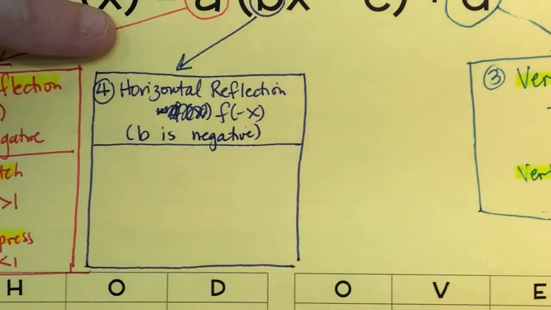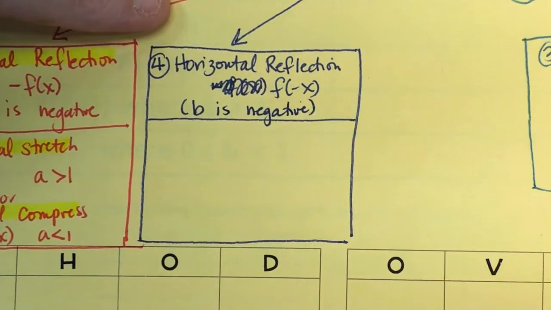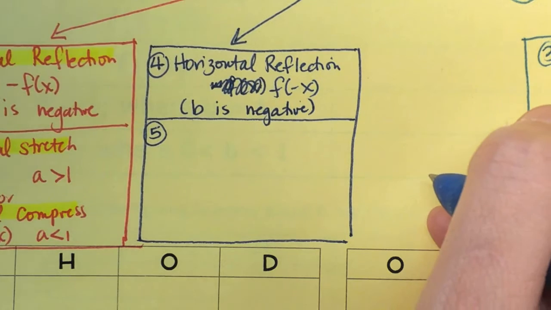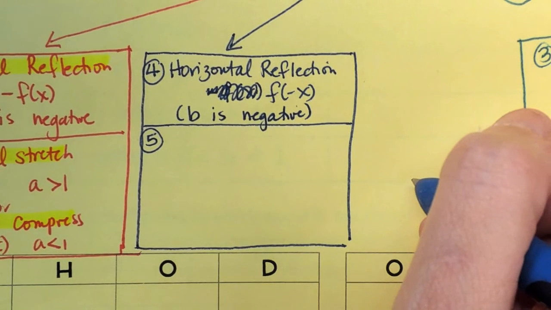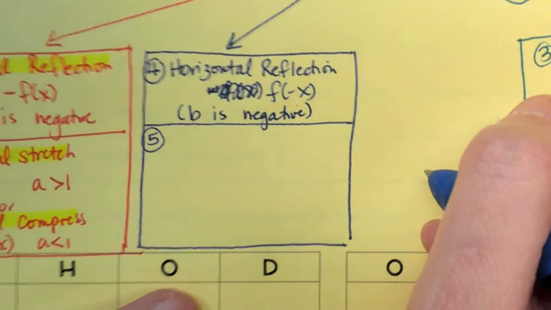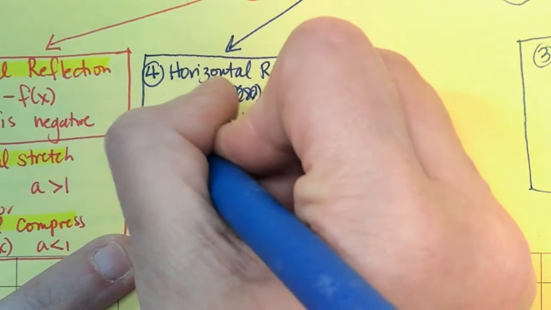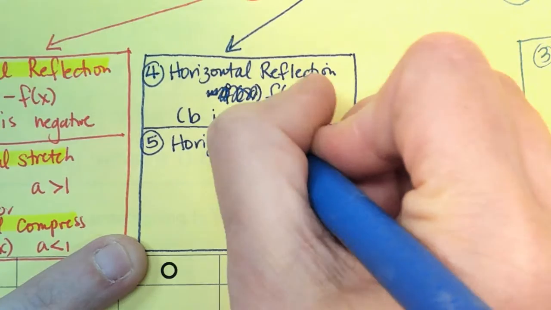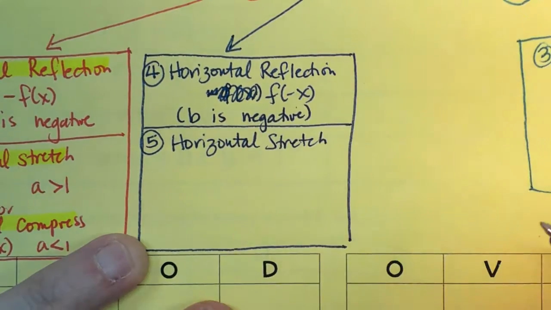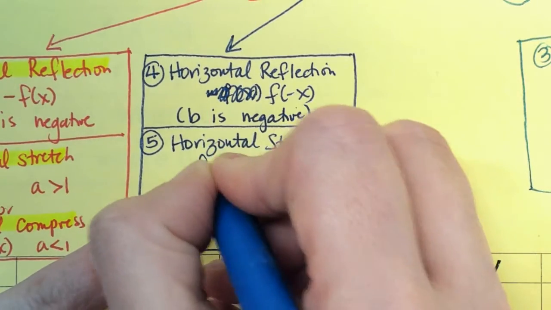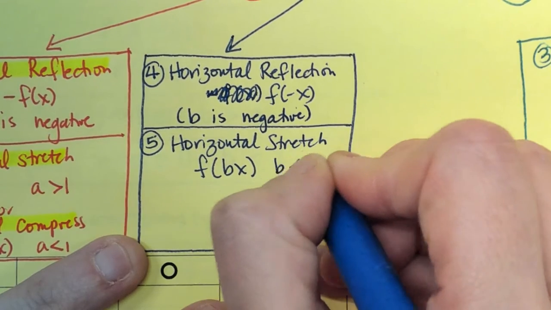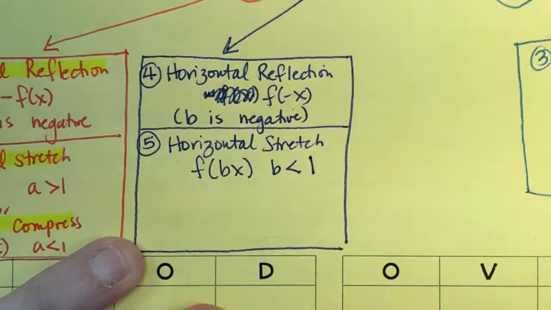Okay, let me zoom in a little bit. Okay, the next thing that we could have is a horizontal stretch. Okay, and that is f of bx, where b is less than 1.